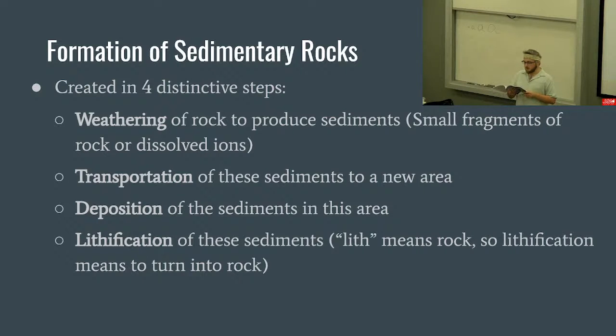Common mineral cements are quartz and calcite, and also iron oxide, which is essentially rust. If you remember our example of red sandstone from class, that sandstone was formed most likely by compaction, but also through cementation because of the iron oxide within it.